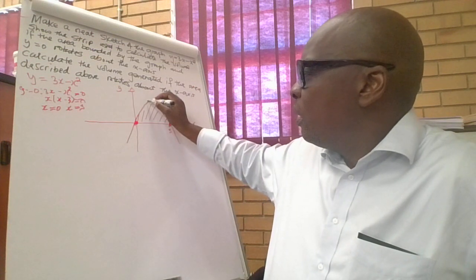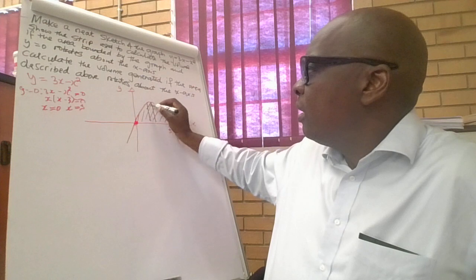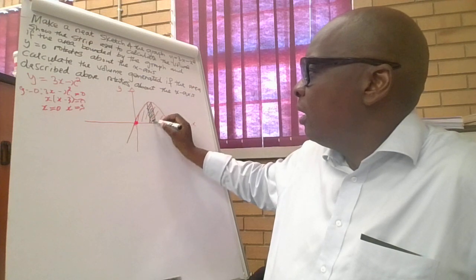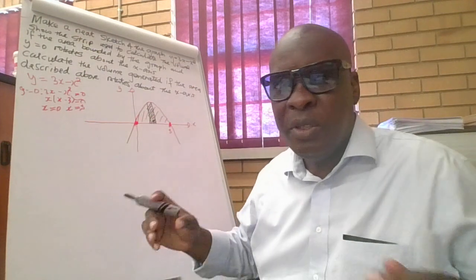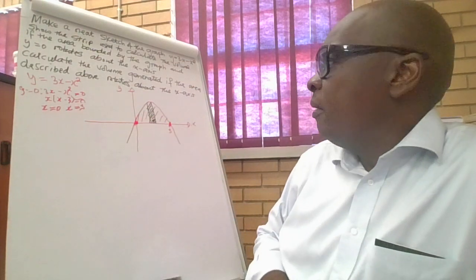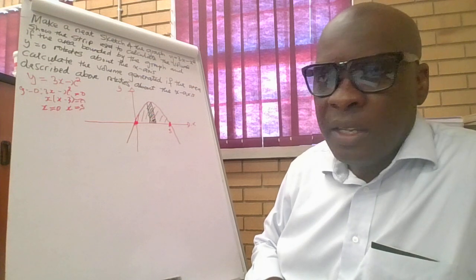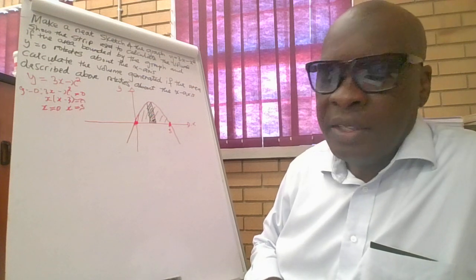So if I put my strip right there, remember the representative strip which I am putting in black here is just a strip to represent the area that we want to calculate, or that is rotating about the x-axis.